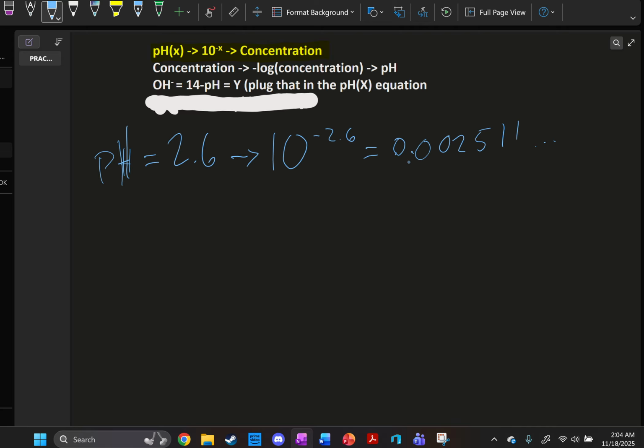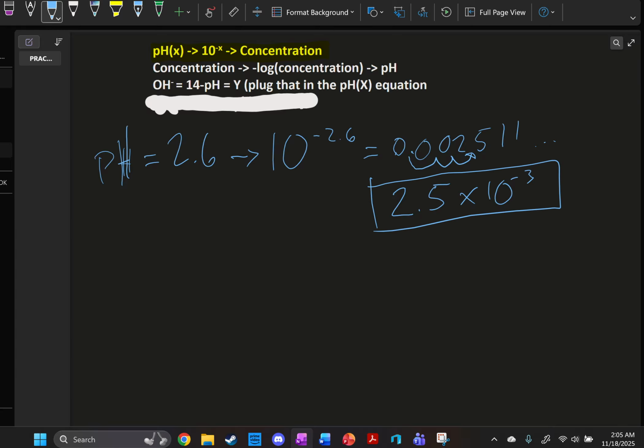To write this in scientific notation, we've got to carry that decimal over. So that's 1, 2, 3. Let's remember that, 3. So that's 2.5, we'll round down, times 10 to the negative 3 is the concentration of a solution that has a pH of 2.6.